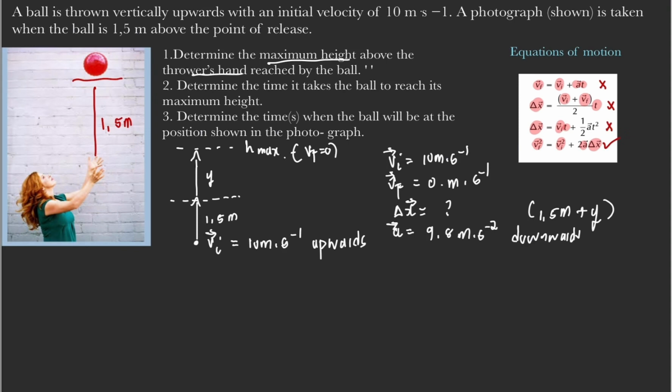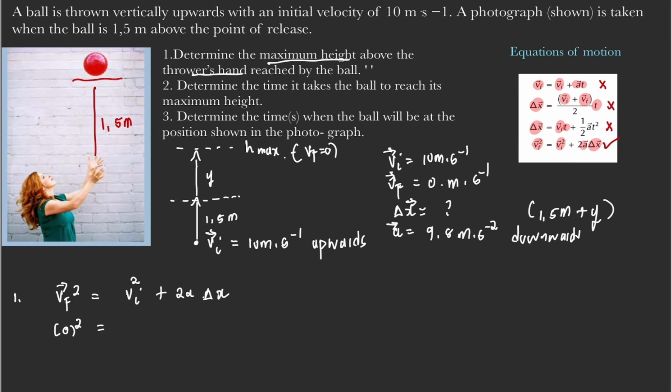So we take the formula. Number one, Vf squared is equal to Vi squared plus 2a multiplied by change in x. Our final velocity, which is the velocity that the ball reaches at its maximum height, is equal to 0.